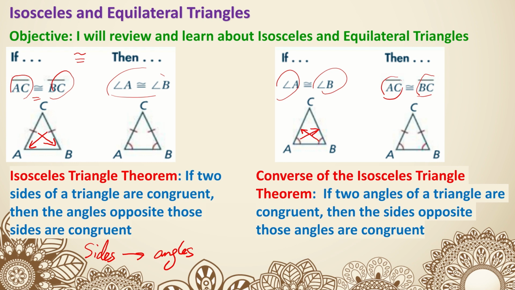And that's why we can conclude that AC and BC are congruent. So in short, if you know the angles are congruent, then you know the sides are congruent. You can see they're going back and forth with each other. That's why this is called the converse of the isosceles triangle theorem. So it's going to be either knowing the sides you can conclude about the angles, or knowing the angles you can conclude about the sides.